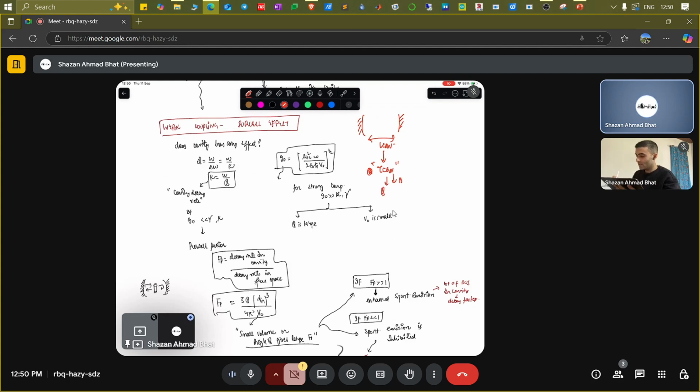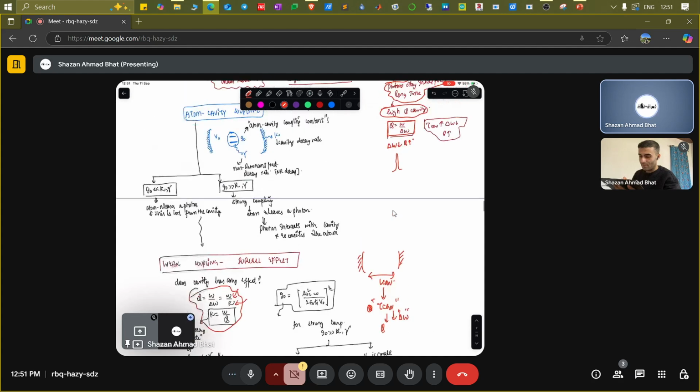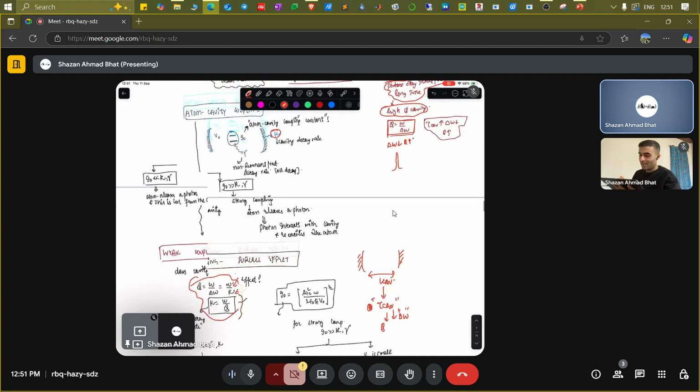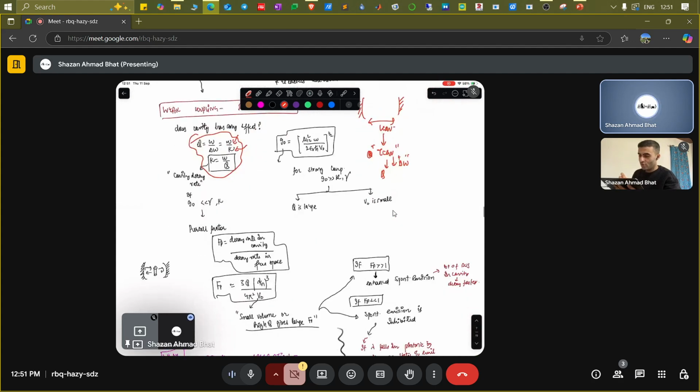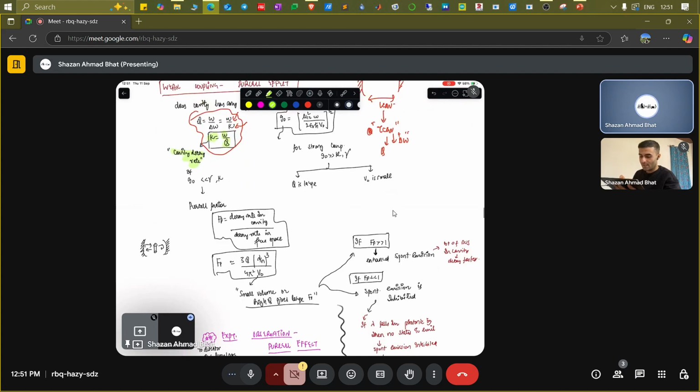That's because this is going to affect the line width of the transmission spectra. So you see that this quality factor depends upon omega, which is the frequency, and kappa, the cavity decay rate. If you know the quality factor, you can compute the cavity decay rate, knowing the frequency.